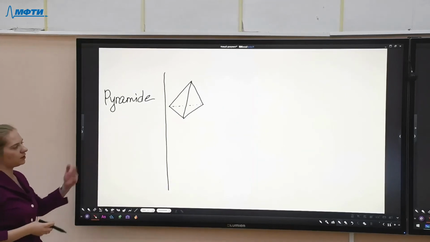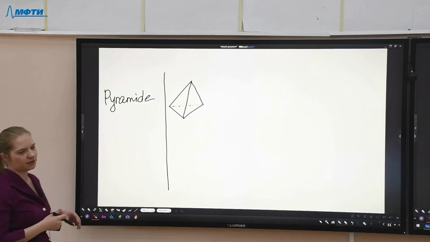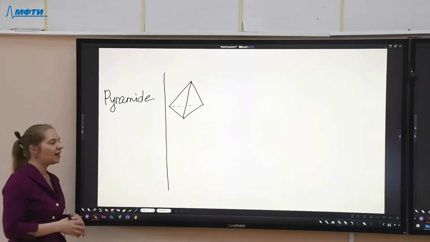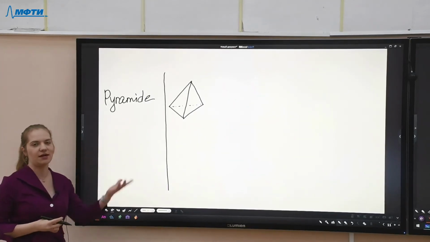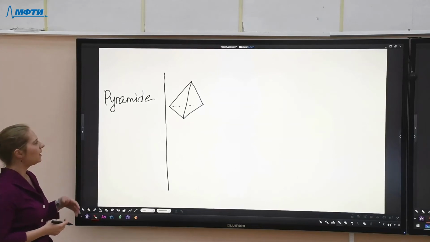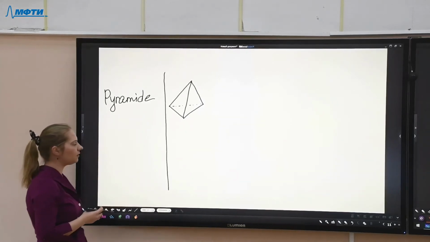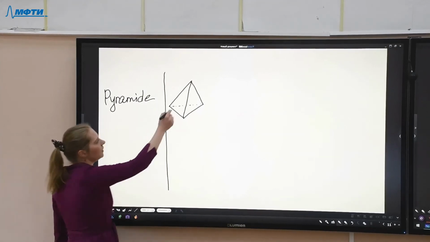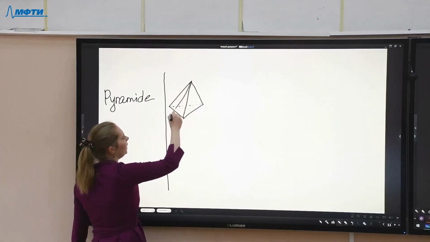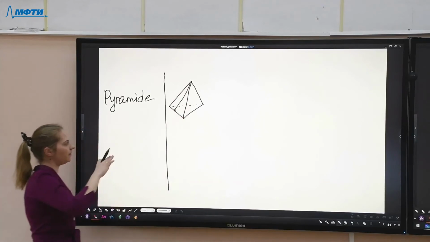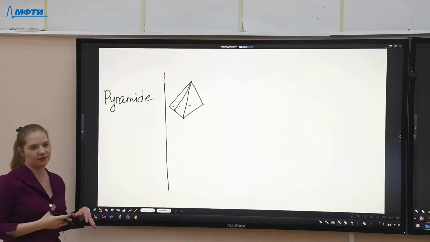If we want to calculate an area of surfaces, we need to calculate an area of a base, and then we need to add areas of each face. And if we are talking about a right pyramid, we can just calculate a perimeter of its base. Then we can drop a perpendicular on each face, and all these perpendiculars will be equal.